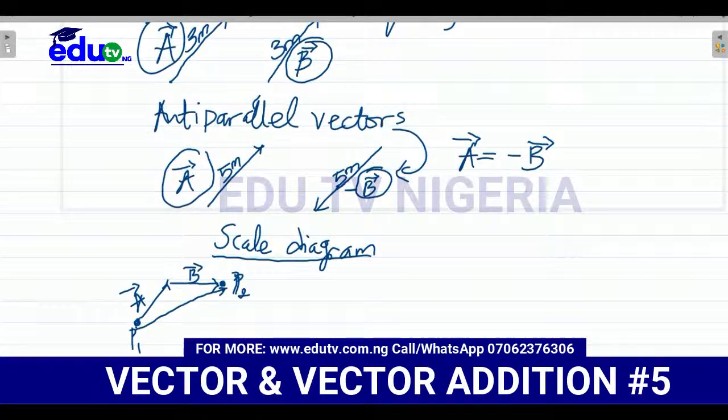We can call it resultant vector or vector addition, because the addition of vector A and vector B will definitely give us the vector from point P1 to point P2.